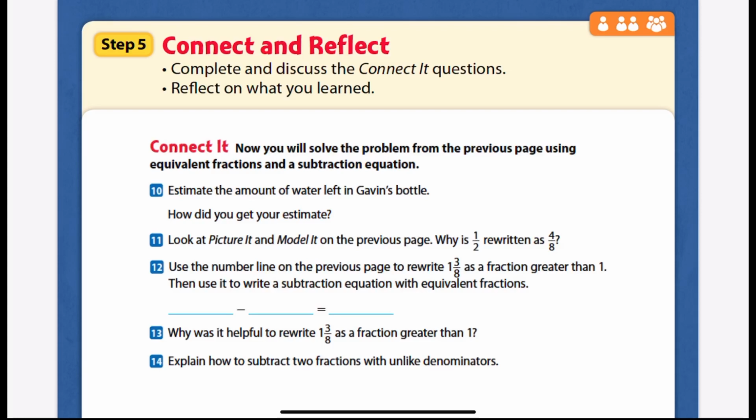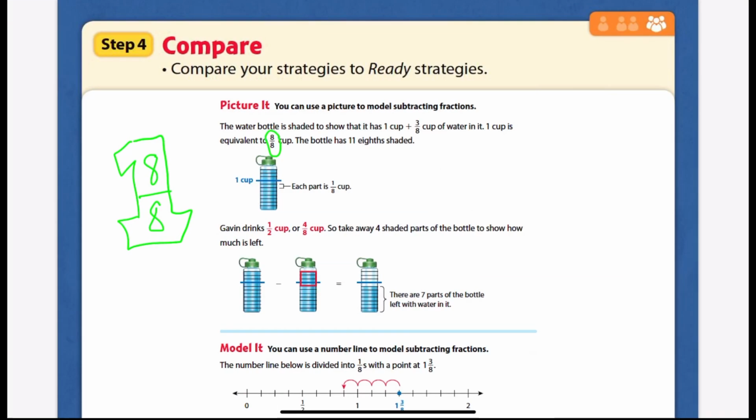If we look at the picture and model it on the previous page, why is 1/2 rewritten as 4/8? Why did they have to rewrite this 1/2 down here into 4/8? Do you remember? Because there are 8s in our whole up here, and we have to have common denominators, so we had to write the equivalent fraction.